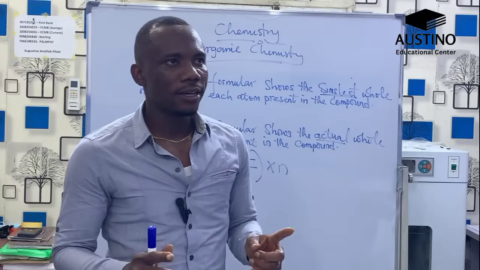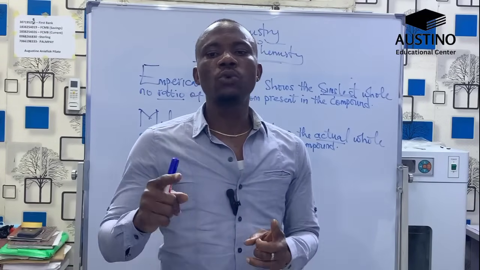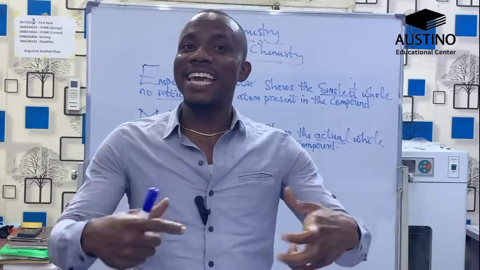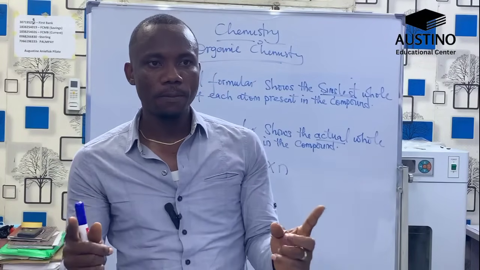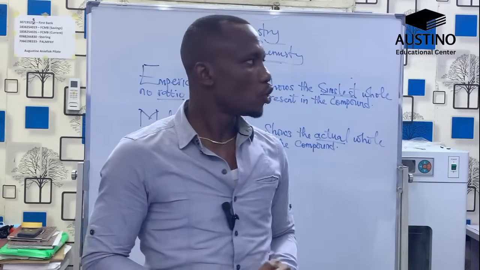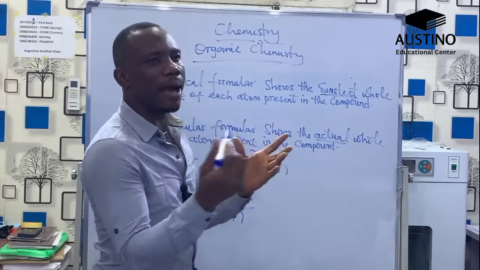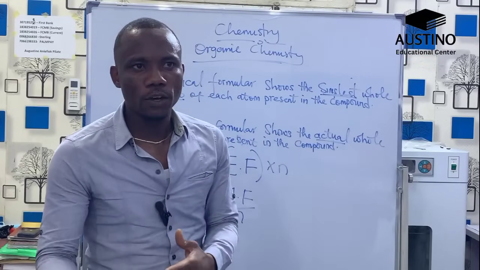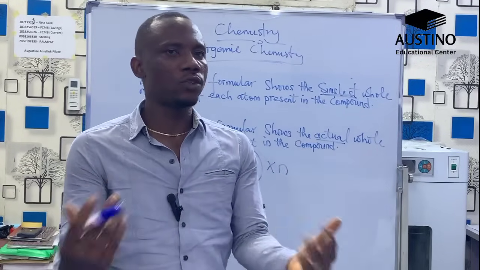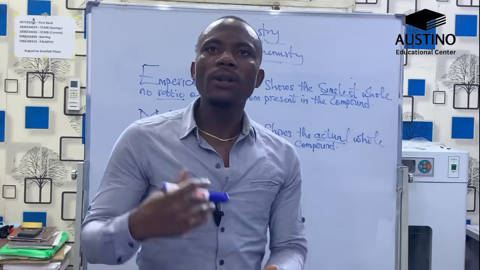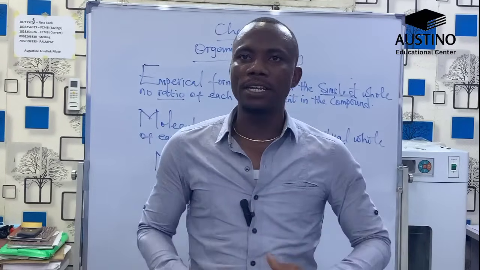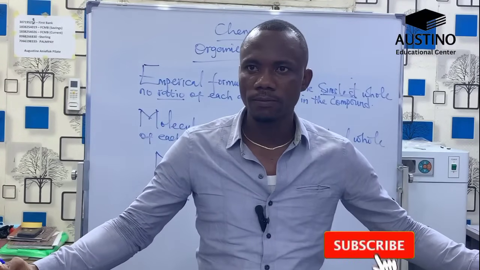And I said that organic compounds couldn't have been possible without the ability of carbon to interact with itself. So it is very important to understand that carbon has the ability to interact with itself to form long chain hydrocarbons. It is not all elements that have the ability to form long chain hydrocarbons.